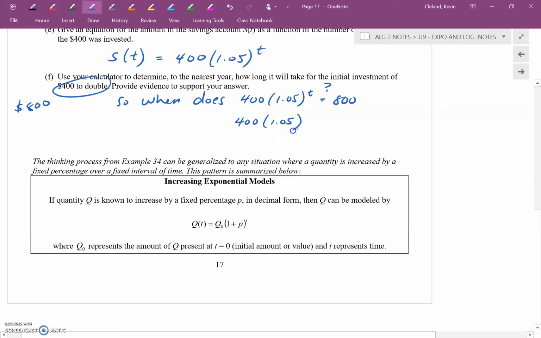You could pause it and try to figure it out yourself, but spoiler alert, it's between the 14th and 15th year. So it's somewhere in year 14. I got 791.97 and 831.57.